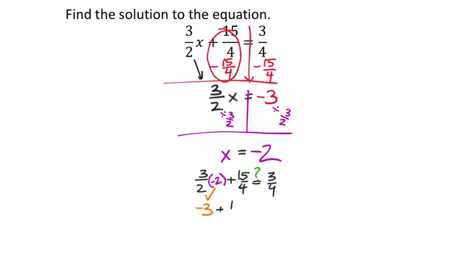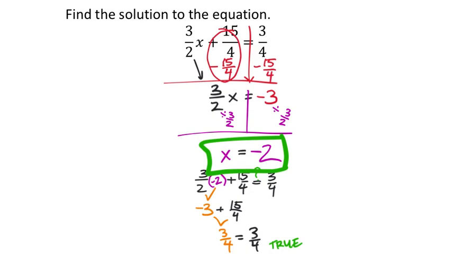Now I'm going to add the 15/4, which when I do that, I get 3/4. And 3/4 does equal 3/4, that's true. Which means that x equals negative 2 actually was the solution.